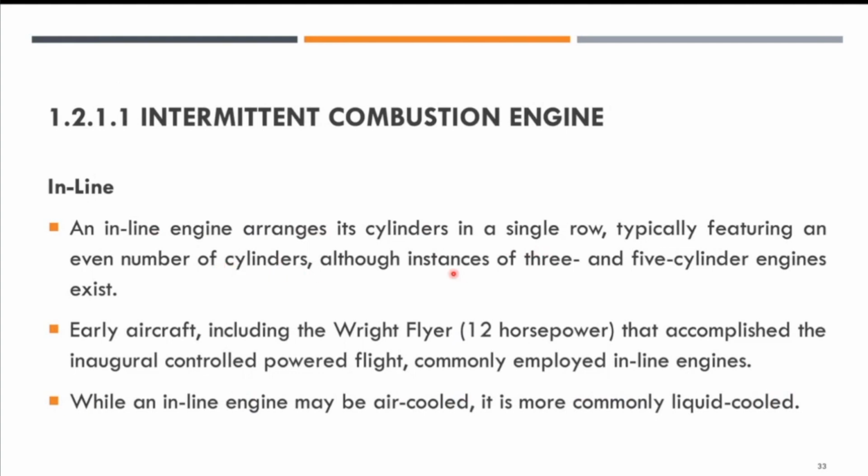Although there are also 3-cylinder and 5-cylinder engines, the common ones have an even number of cylinders. Early aircraft, including the Wright Flyer, with 12 horsepower, accomplished the inaugural controlled powered flight and commonly employed inline engines. So the Wright brothers also used a type of inline engine.